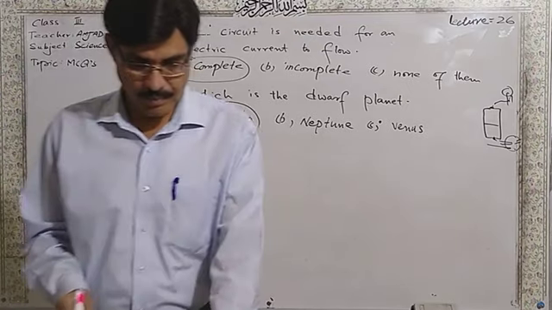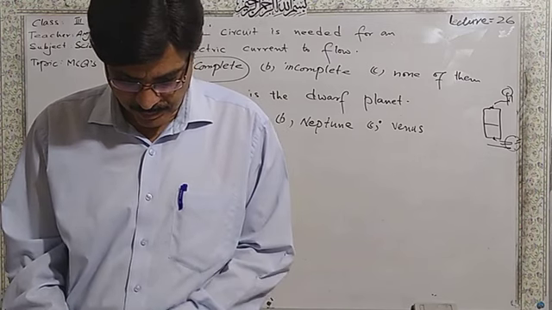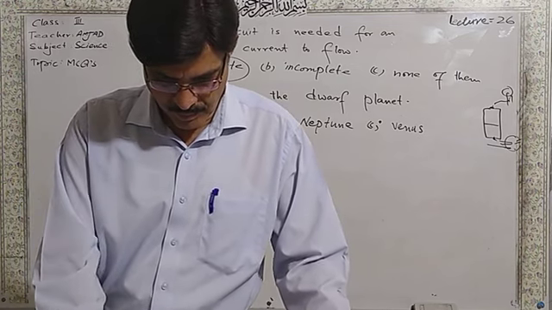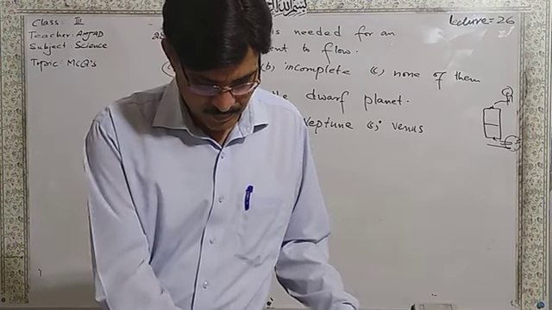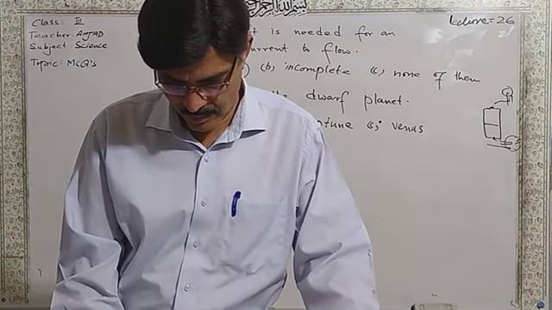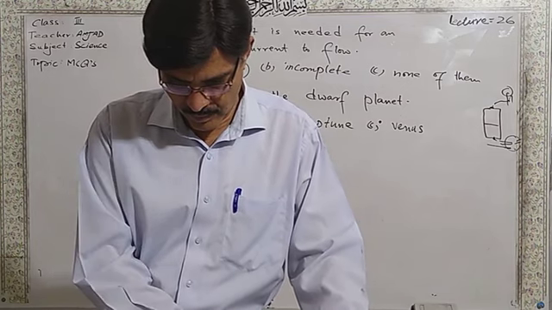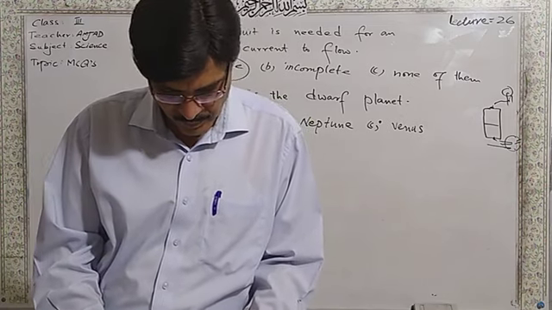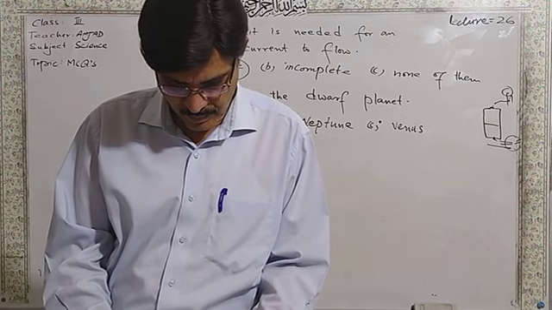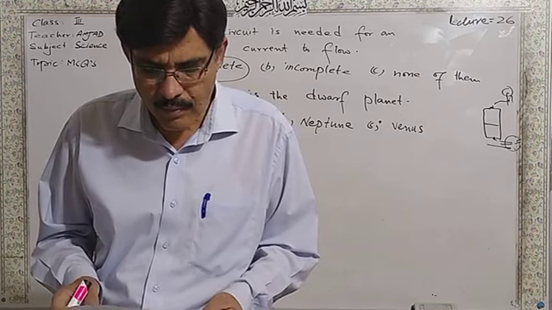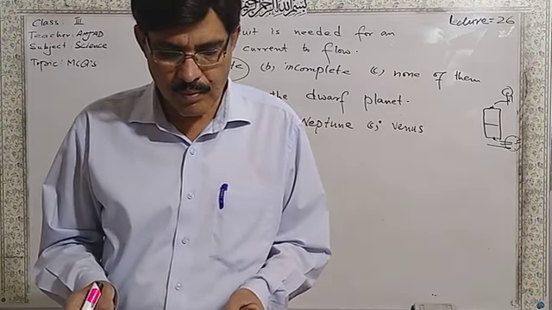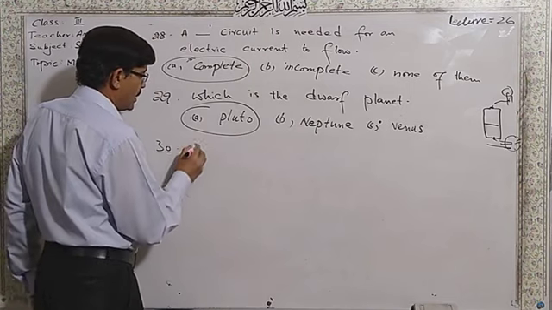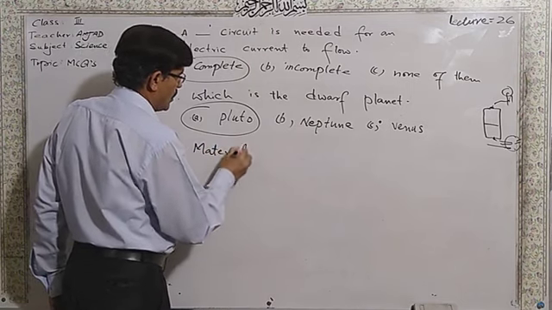Number 30. The material through which electricity can pass.